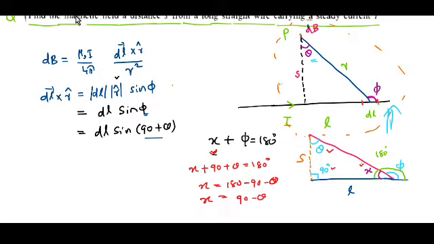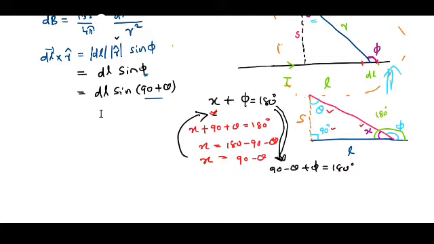Okay, now again we can go back to here. This x can be written as 90 minus theta, plus phi, is equal to 180 degree. I have substituted the value of x here, and again I have written the steps here.